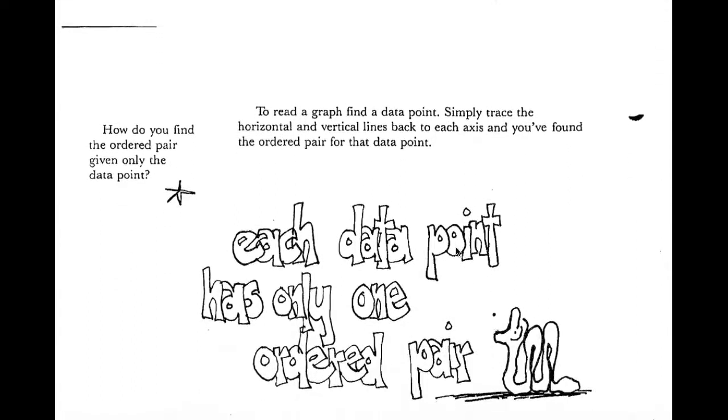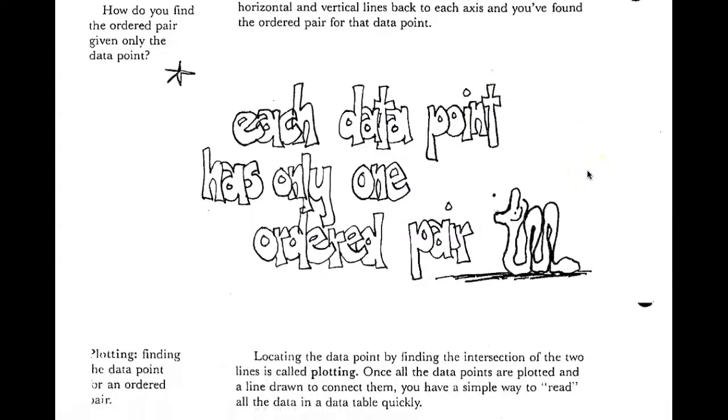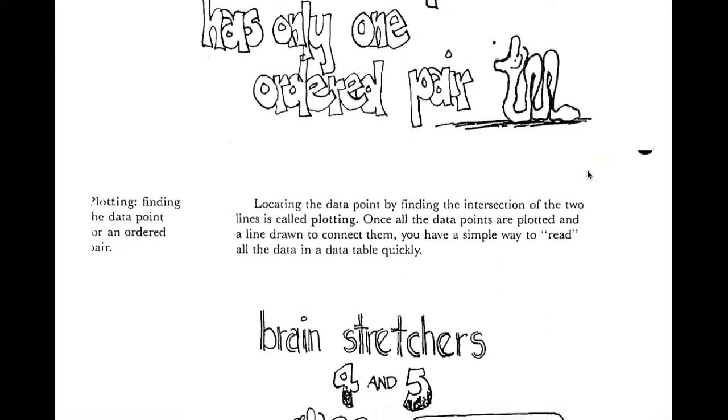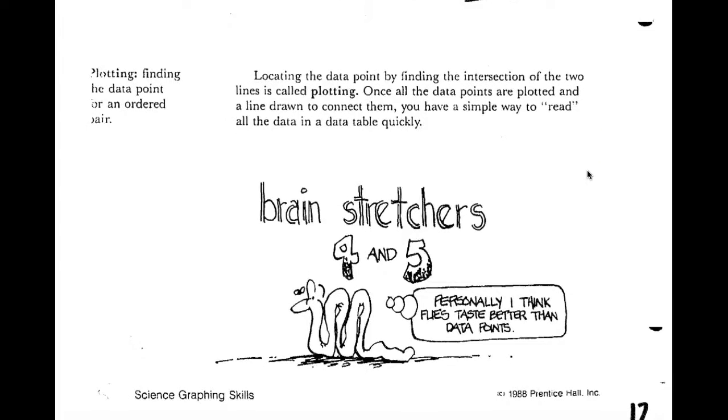To read a graph and find a data point, simply trace the horizontal and vertical lines back to each axis, and you've found the ordered pair for each data point. Locating the data point by finding the intersection of two lines is called plotting.